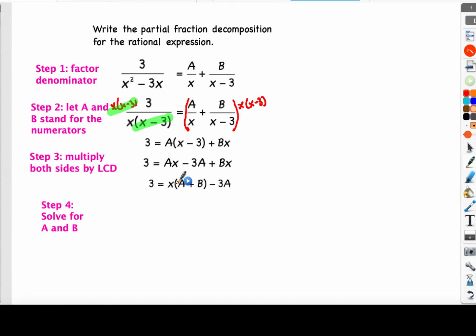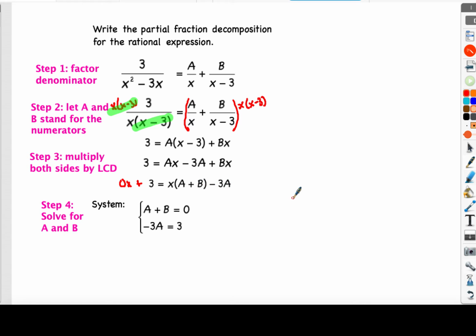Well, if x plus a constant is equal to 3, what I can actually say is that 0x plus 3 were equal to a plus b x's minus 3a. So a plus b must have been equal to 0, because x and x would correspond. And negative 3a must have come out equal to 3. It wasn't multiplied by x. This is the constant.